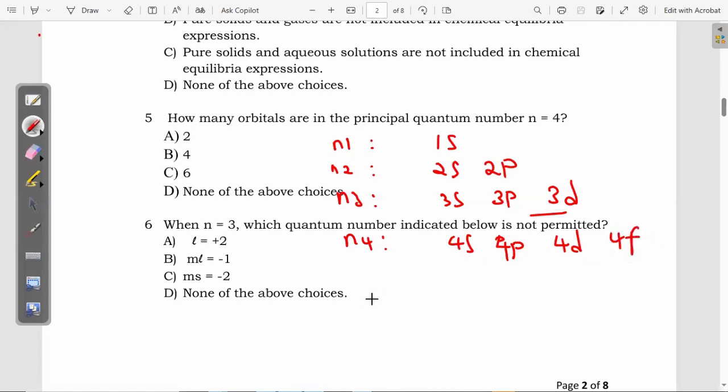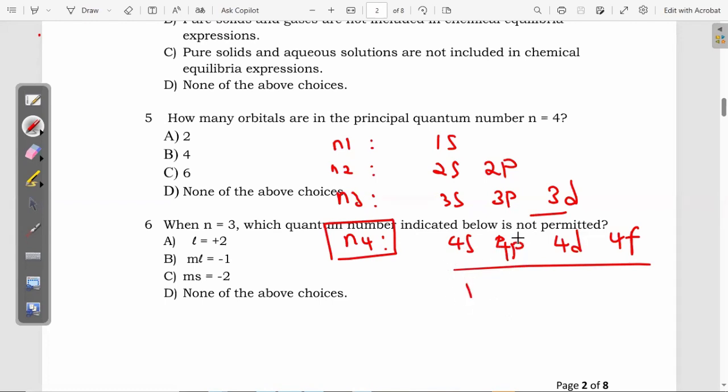Okay, so now the subshell S has one orbital. The subshell P has 3 orbitals, and then D has 5, and then F has 7. So here, if my n is 4, then I'll have these subshells, right? Since I have the S subshell here, I'm going to have one orbital there.